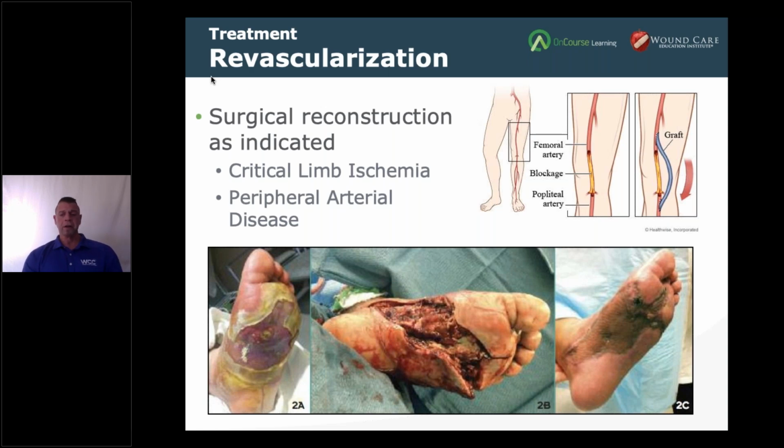And there are drugs out there like Pletal, your statins, and your ACE inhibitors, all can also play a role in helping to increase blood flow. But in severe cases, like with critical limb ischemia, when they've got severe peripheral arterial disease, we might have to unfortunately look at surgical reconstruction, like with a revascularization, or sometimes a simple angioplasty may be suitable and sufficient in order to correct the blood flow to get enough blood to that foot so that wound will heal.